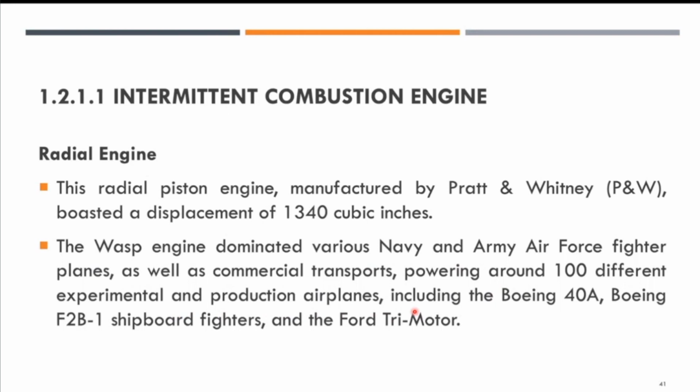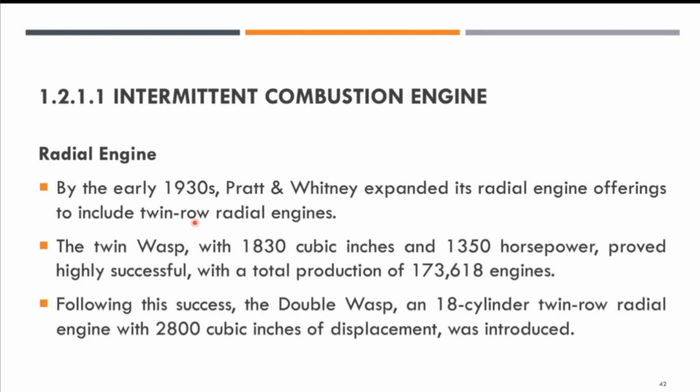In the early 1930s, Pratt and Whitney expanded its radial engine line, offering a twin row radial engine. The twin Wasp engine produces 1,830 cubic inches and 1,350 horsepower. They also have other types, such as the Double Wasp engine.